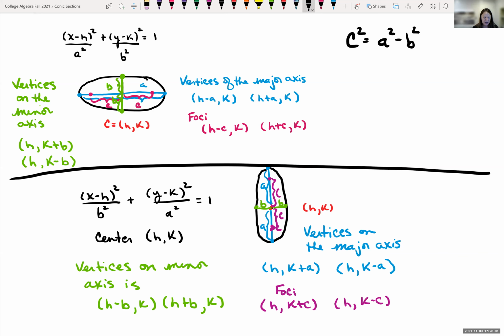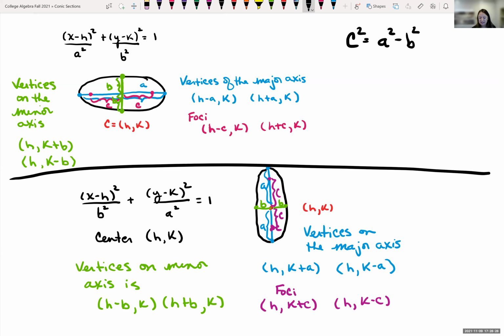Okay, so looking at an equation, even if it's not in this form where I can see where the center is and get information, I can tell if it's going to be a parabola, a circle, or an ellipse. A parabola is only either going to have an x squared or a y squared, but not both. Ellipses have to have both an x squared and a y squared. Same thing with circles.